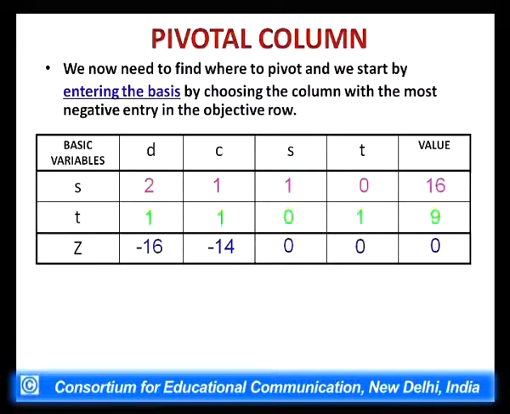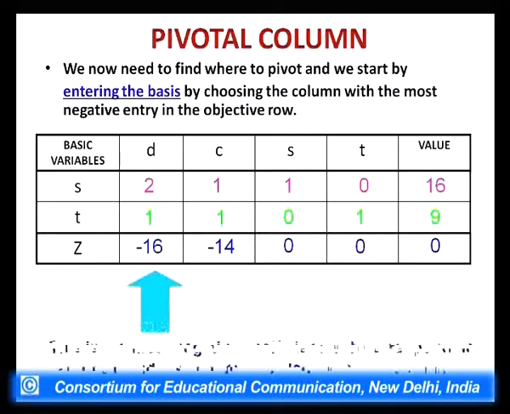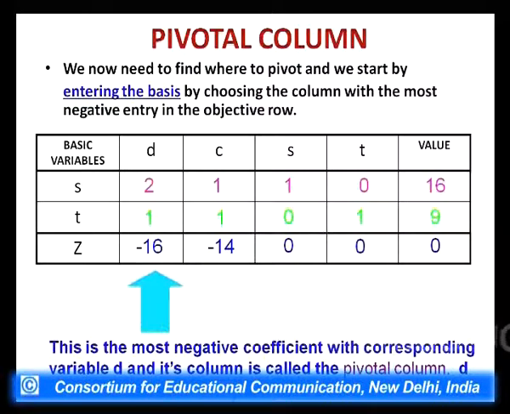We look at the objective row for the most negative value, which will give us the pivot column, and in this particular case minus 16 is the most negative value. So minus 16, and the column under the variable D is the pivot column.